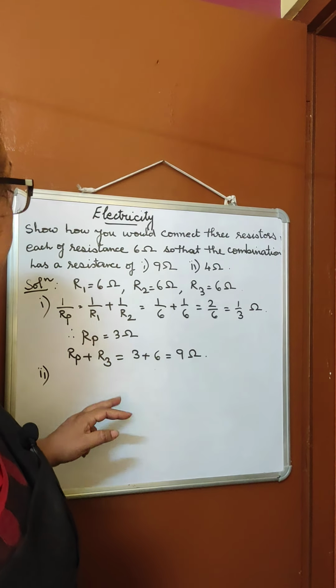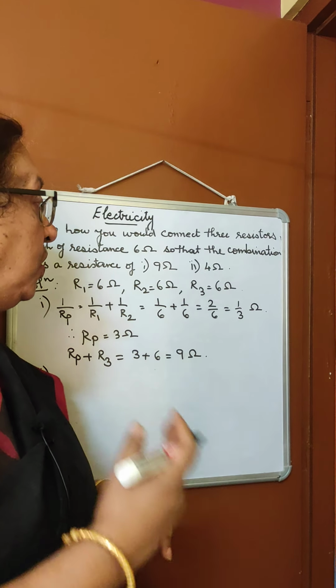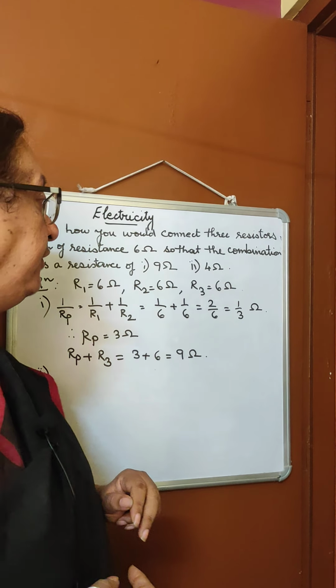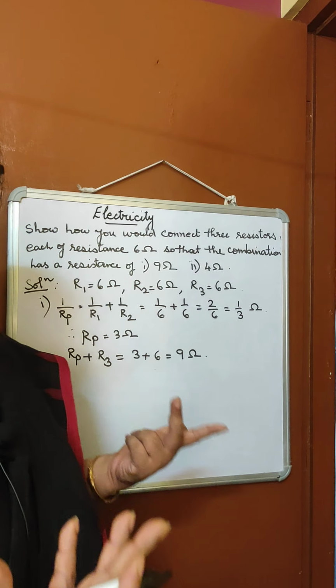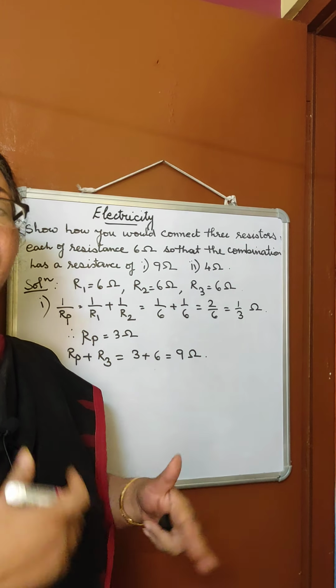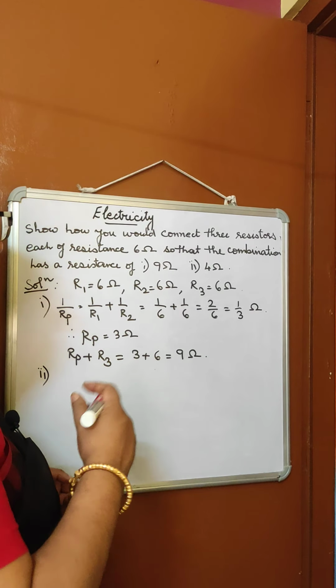Again we have to connect all the three in such a way that the total resistance comes to 4 ohms. So how can we do it? Again, just by trial and error method. You may try any combination, you may be wrong, you have to then try the other method. Come on, let's see what we can do.